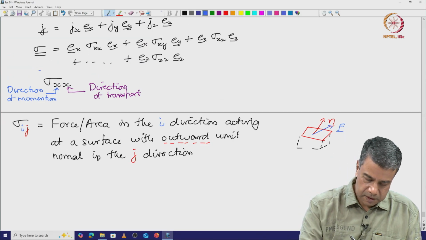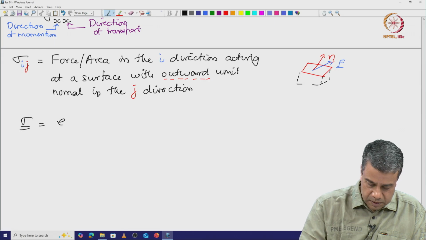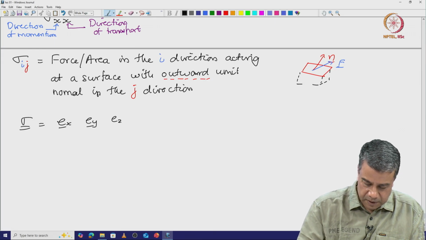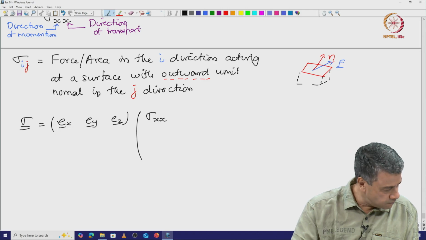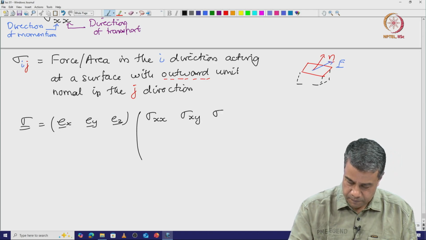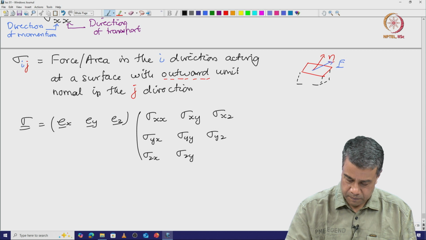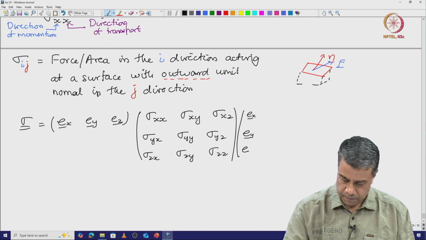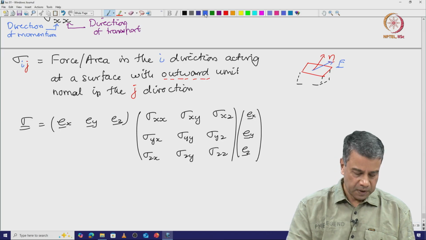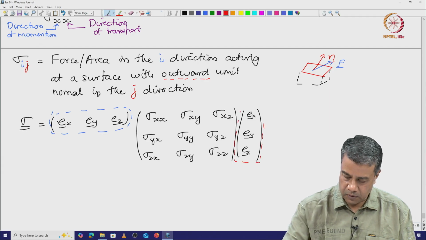Now, this same expression I could write in matrix form. The way I write it in matrix form would be with Ex, Ey, Ez, where these refer to the direction of the momentum itself and these directions refer to the direction of the outward unit normal to the surface.